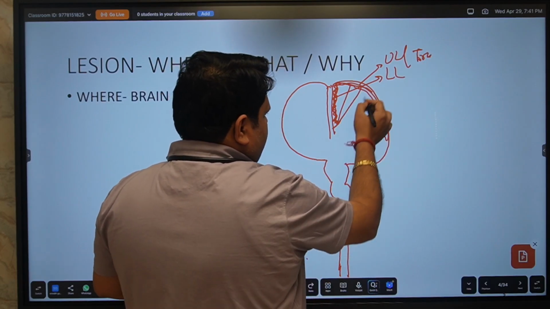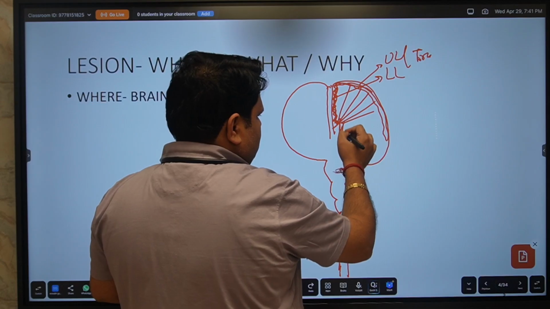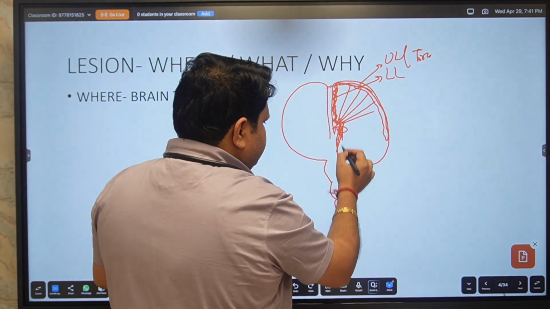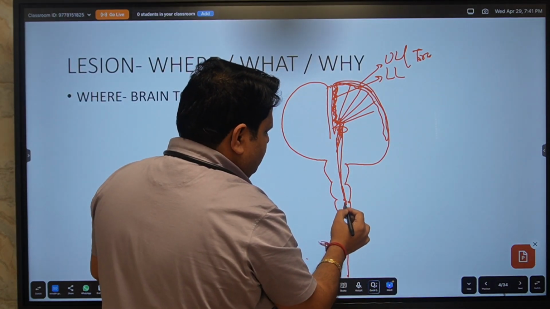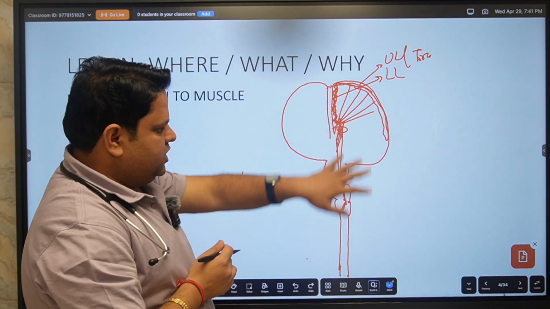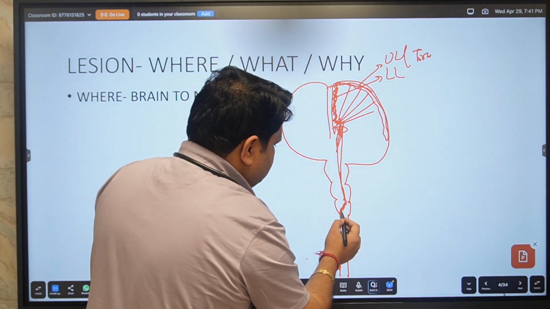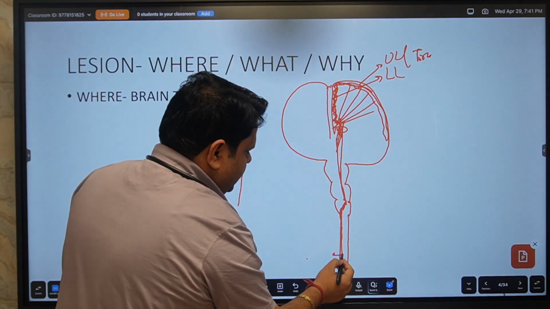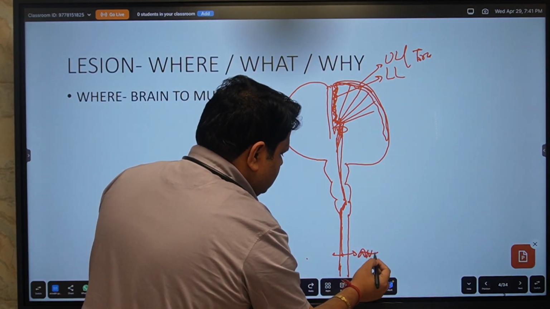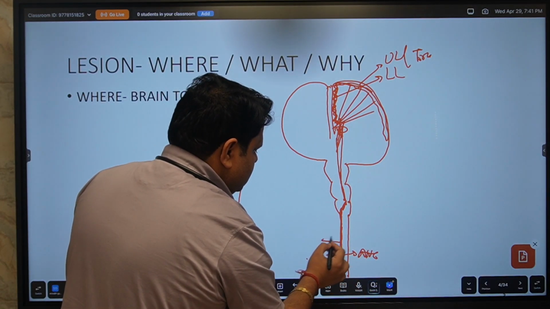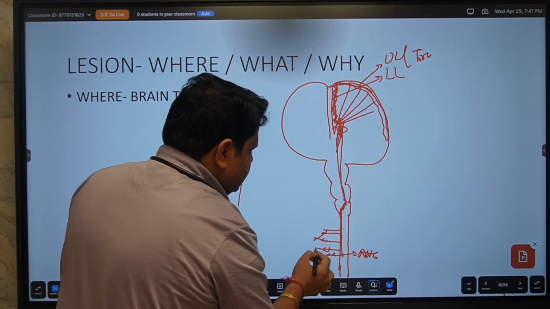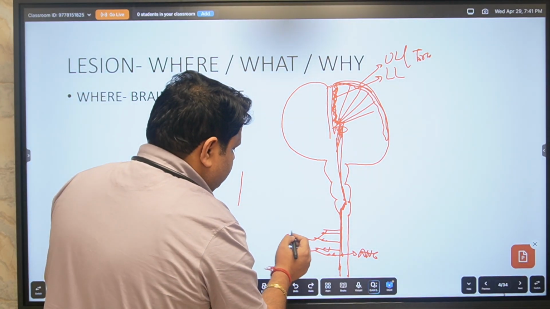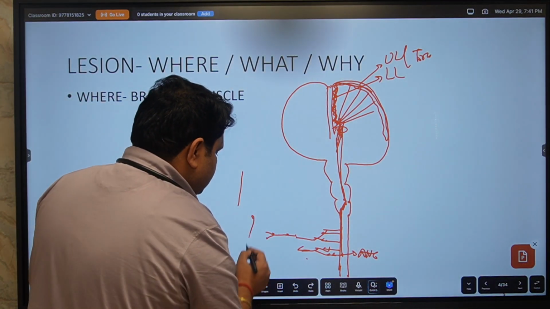From lower limb, from cortex, fiber goes through corona radiata, then internal capsule, then descend in the brainstem, and at the level of lower medulla, corticospinal fiber decussate and reaches to the opposite side of the spinal cord. After that, enter anterior horn cell in the spinal cord, roots. Multiple roots form the plexus like brachial plexus and the lumbosacral plexus, then nerve, then neuromuscular junction and the muscles.